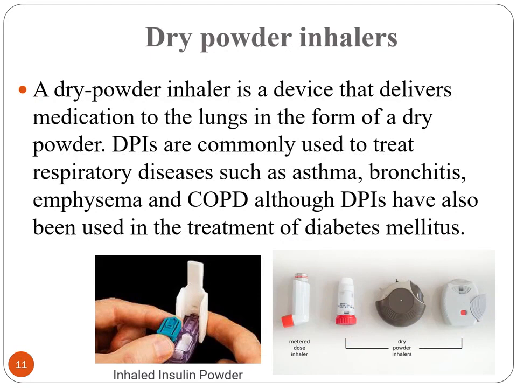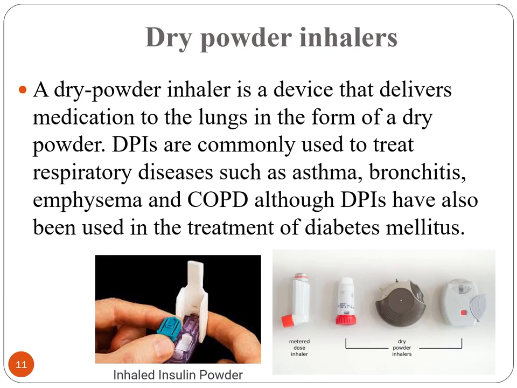Next, we have dry powder inhalers, and in dry powder inhalers we have different types. A dry powder inhaler is a device that delivers medication to the lungs in the form of a dry powder. They are commonly used to treat respiratory diseases such as asthma, bronchitis, emphysema, and chronic obstructive pulmonary disease.